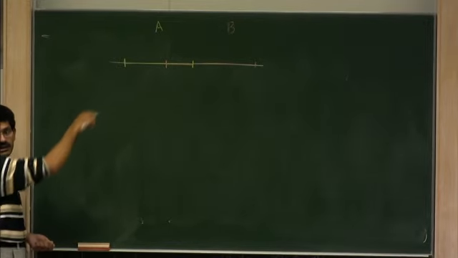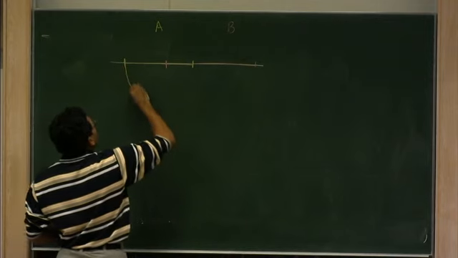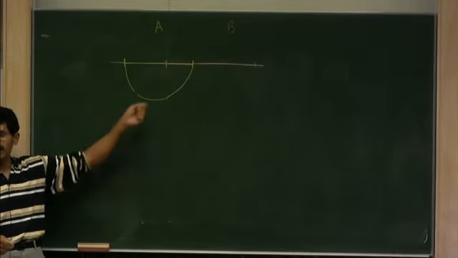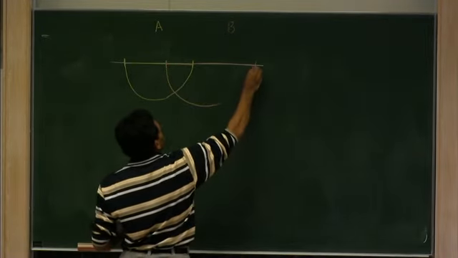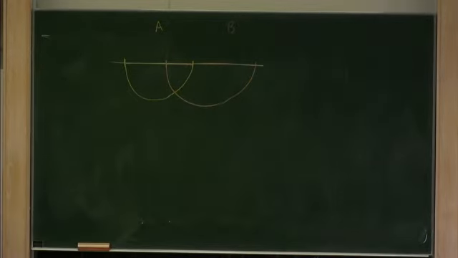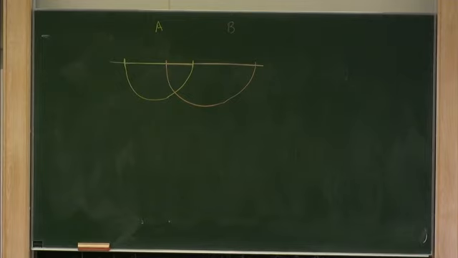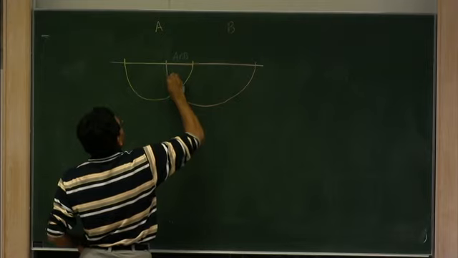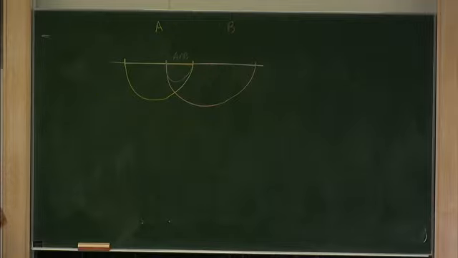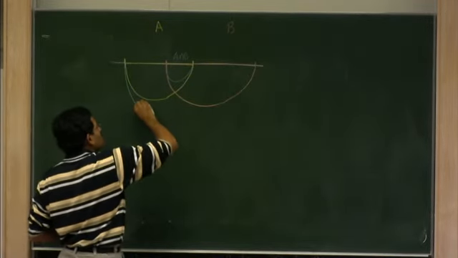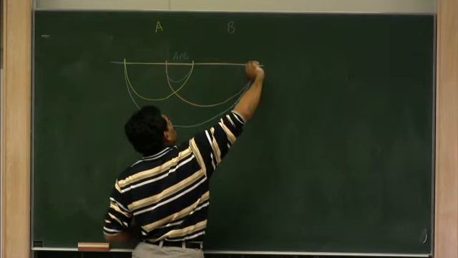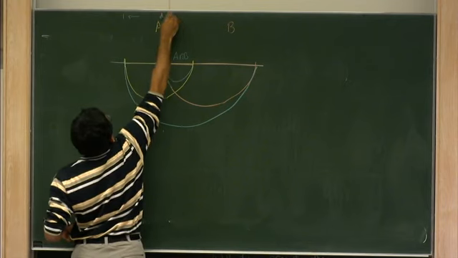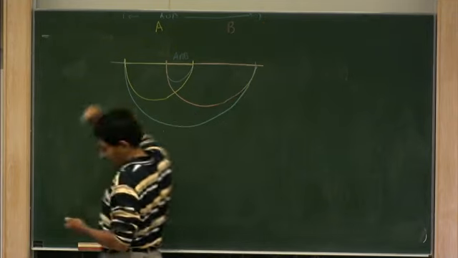I have A union B and A intersection B. So here's the soap bubble associated with the region A. And here's one for B. And here are two more, for A intersection B and for the bigger region A union B.